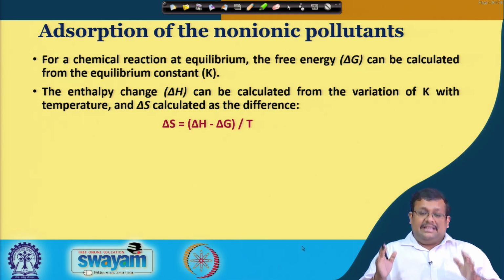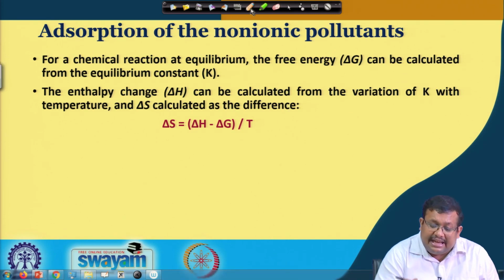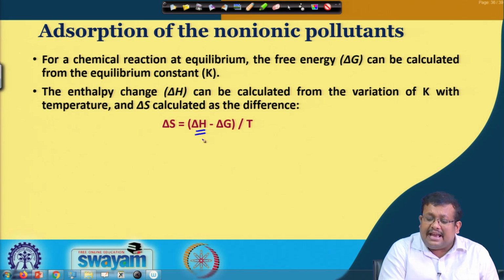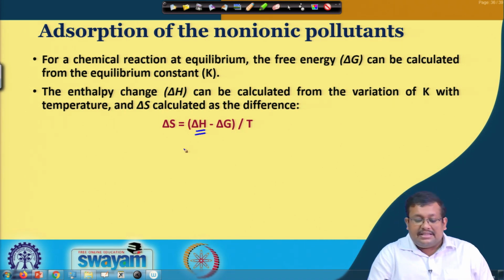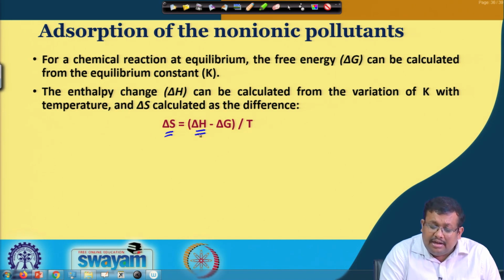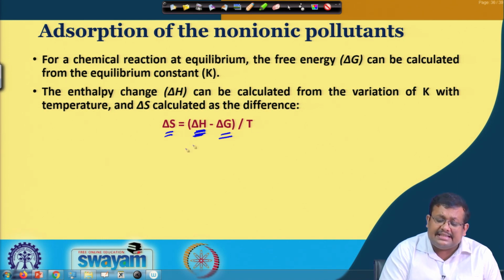The enthalpy change, delta H, can be calculated from the variation of K with temperature, and delta S can be calculated as the difference. Basically, delta S is equal to delta H, the enthalpy change, minus delta G, the change in free energy, divided by the temperature. So, delta S can be calculated using this formula.